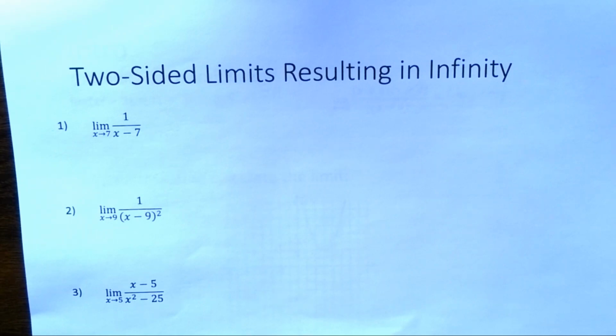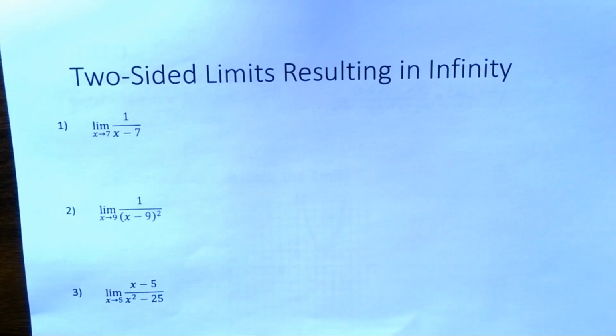Okay, so for a two-sided limit to exist, we have to check the one-sided limits if it's ever a function with a discontinuity. And any function that has a 0 on the denominator has a discontinuity. So immediately, for all three of these, we have to at least consider one-sided limits if we can't simplify.